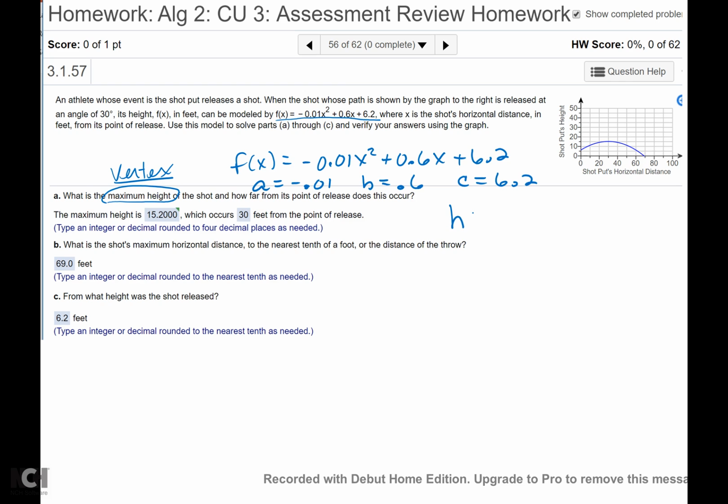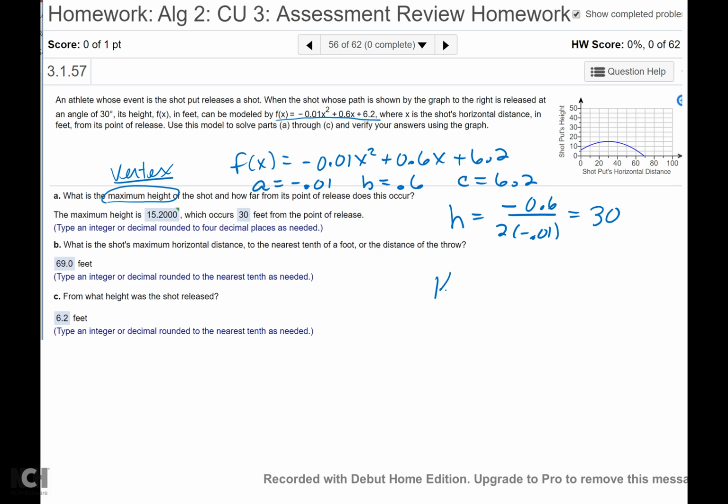So my h is negative b over 2 times a. That is going to give me negative 0.6, not 0.06, right? Divided by 2 times negative 0.01. And I get 30. So h equals 30.